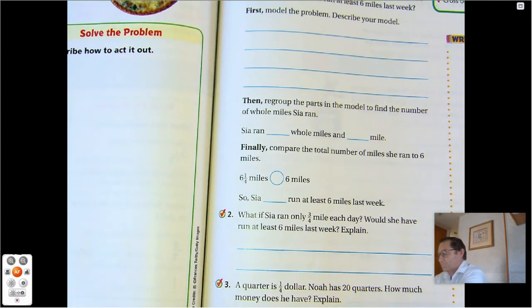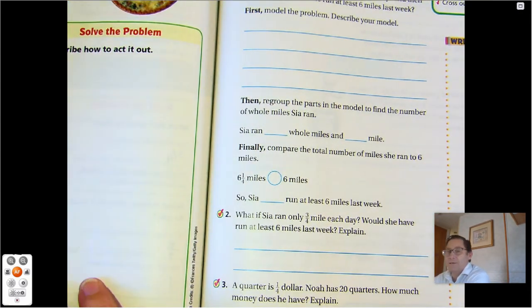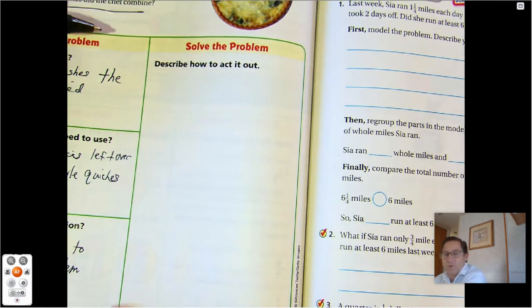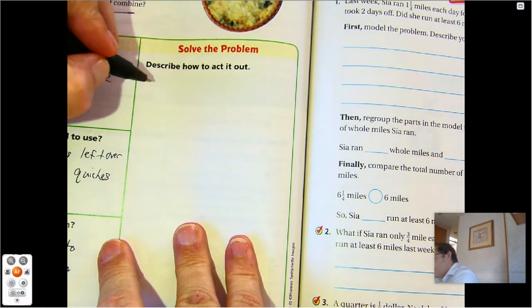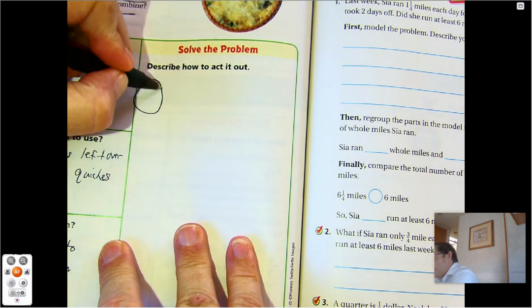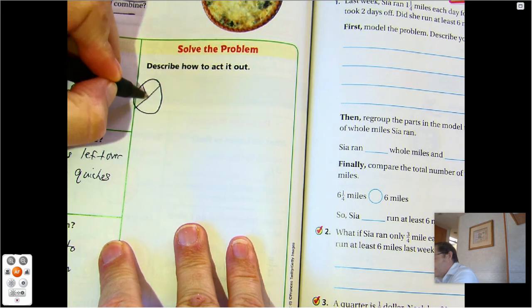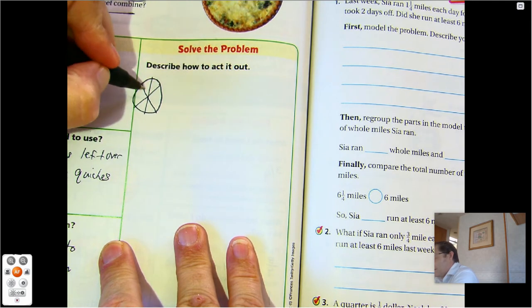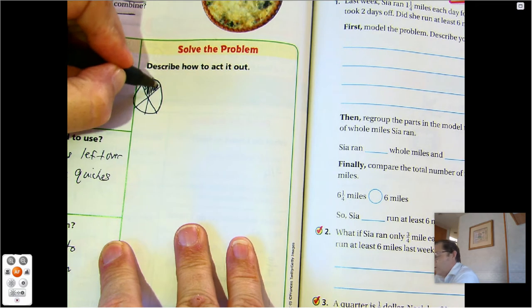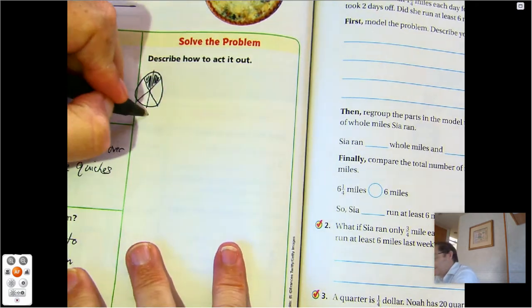Well, so we have 2/6 left over, right? So we'll represent that as 2/6.